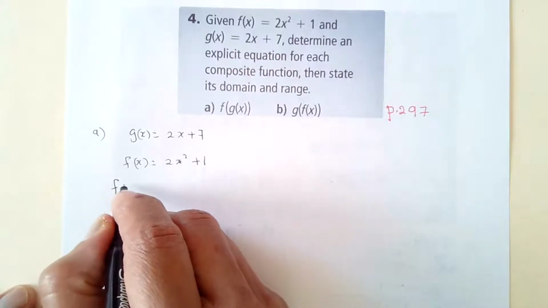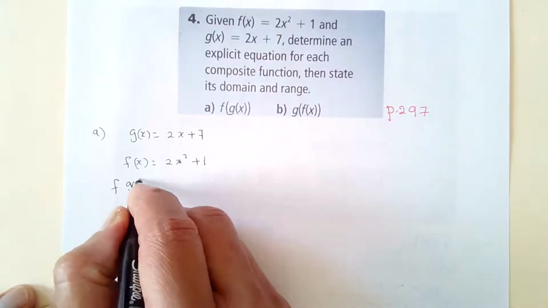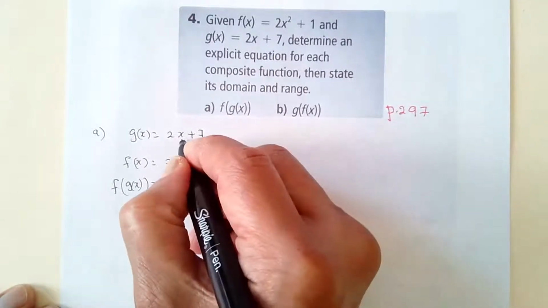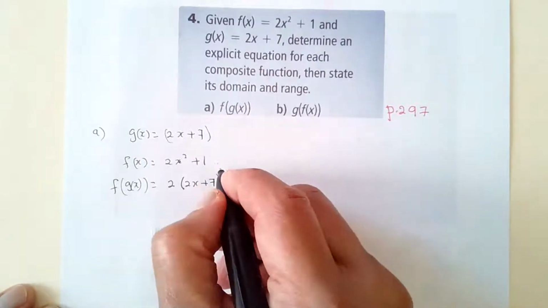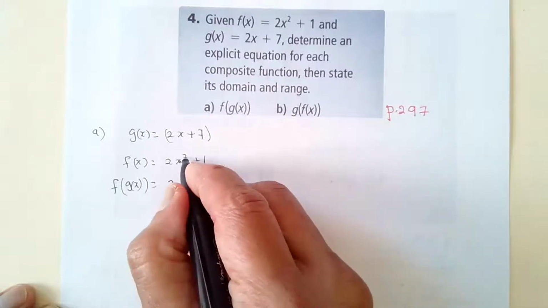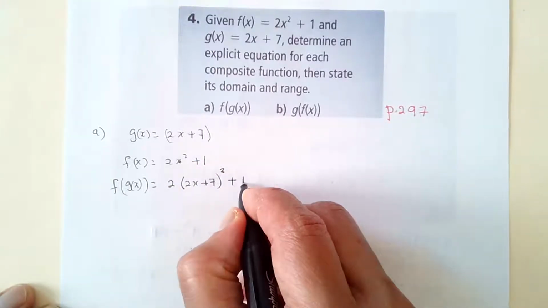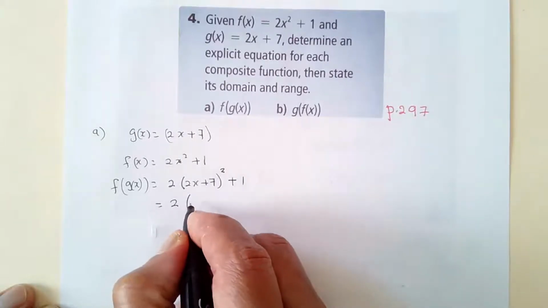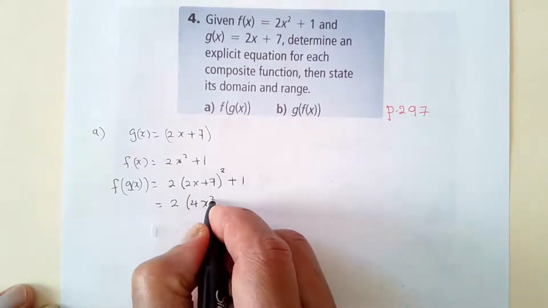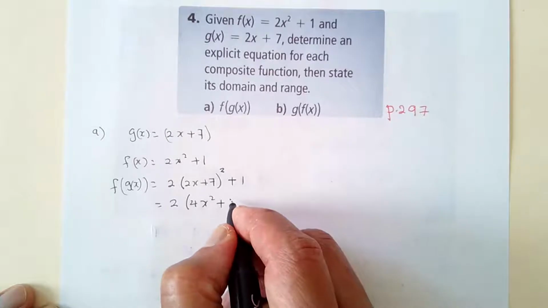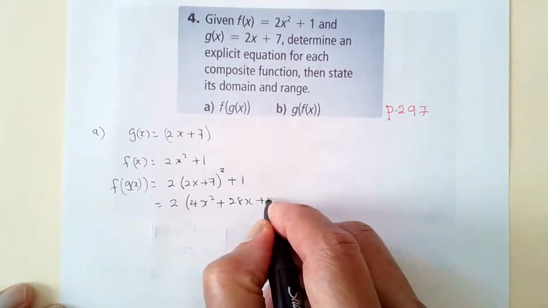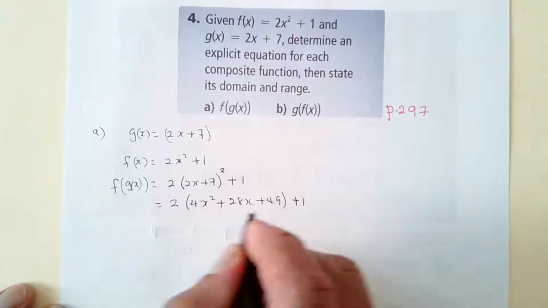So f of g of x is equal to 2 times the square, that's my square there, plus 1. So this gives me 2 into 4x squared plus, I'm squaring this, 28x plus 49 plus 1.